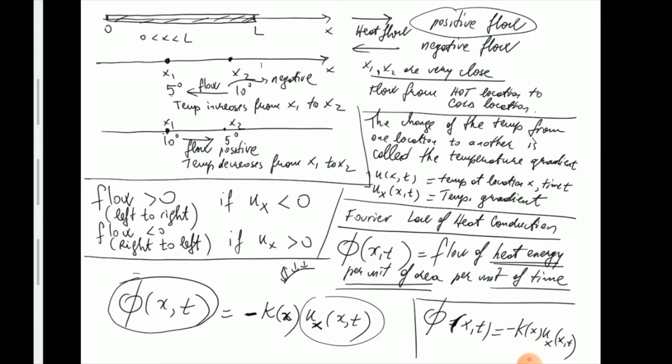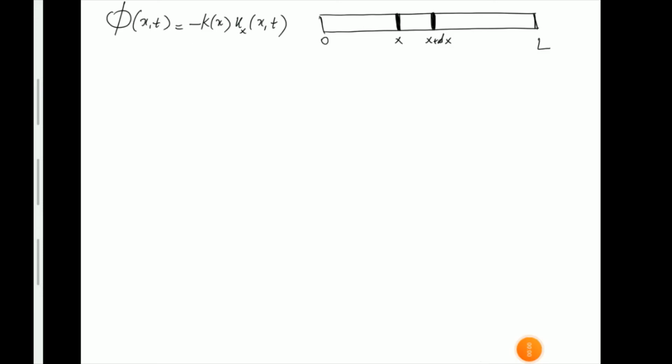All right, so this will be used, like I said before, on the next page to derive the heat equation in one dimension. So stay tuned for that part. Write down again the Fourier law of heat conduction, and take a moment to write down this object.